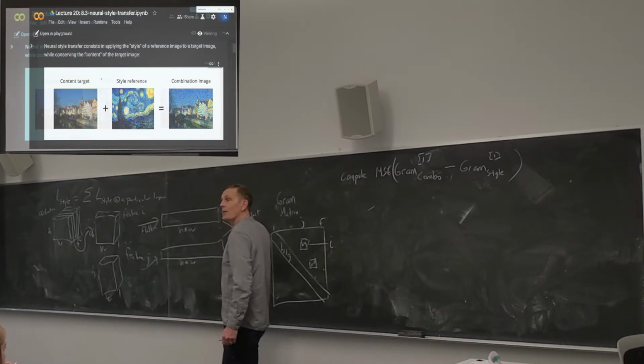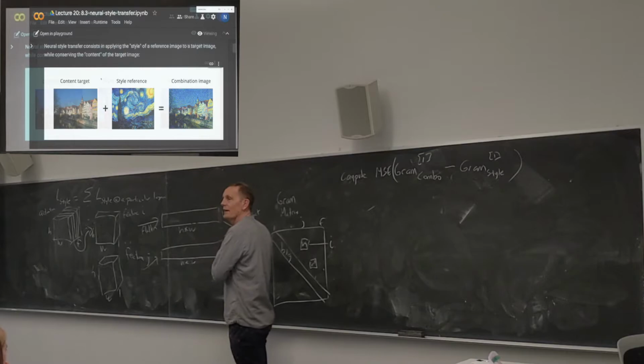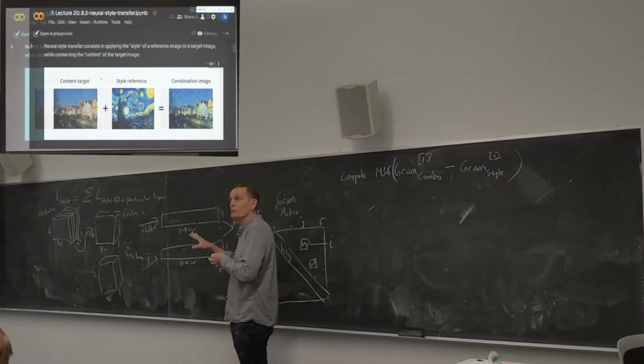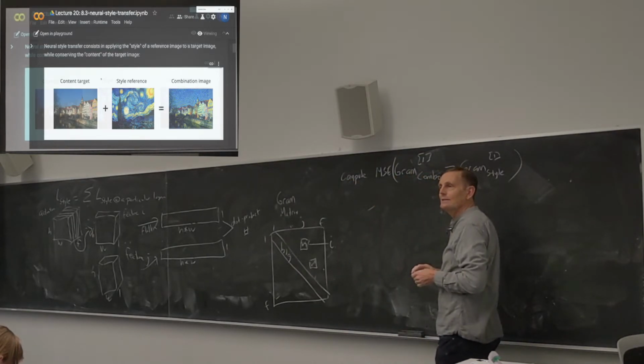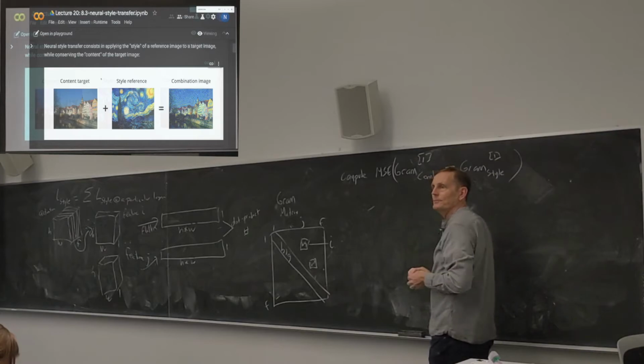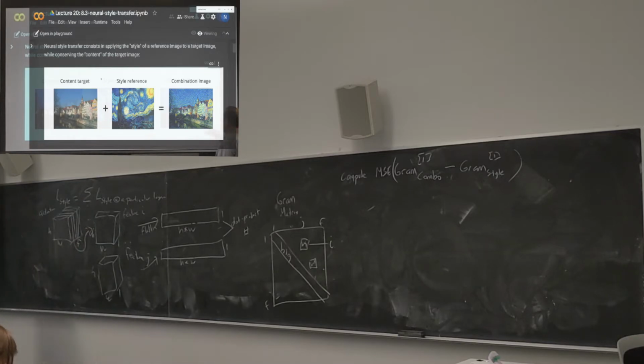In order to get a large dot product, we did have to have a red feature co-located with a horizontal line feature. But once we've computed that dot product, we don't know where it was. We just knew there were some red horizontal lines. If the combination has red horizontal lines, our loss will be lower. So that will tend to make this combo image have the same low-level features as over here. The color palette may be low-level features, for example.